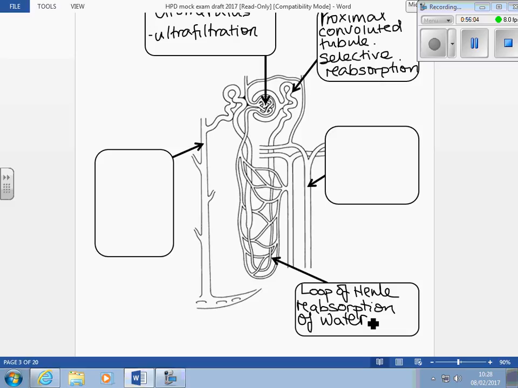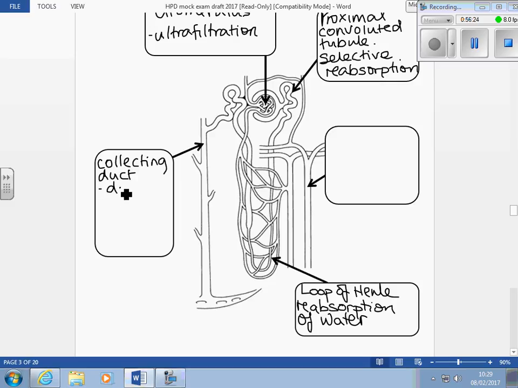And if you put countercurrent multiplier in there, it would help. I'm keeping these very brief functions. The other bits that we've got, if we carry on with our filtrate, it ends up here in the collecting duct. Function?